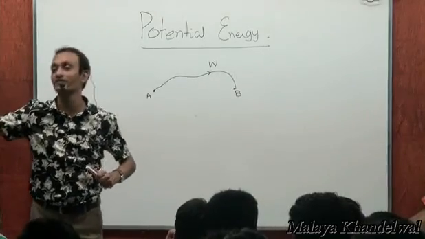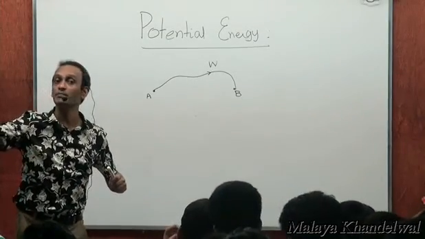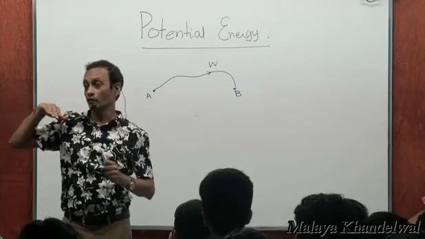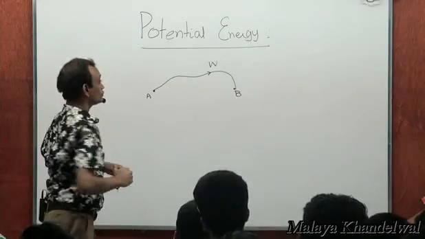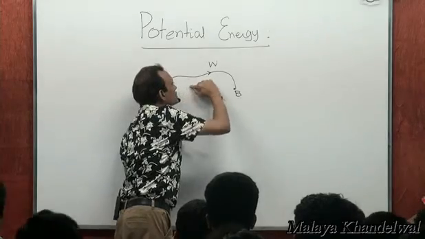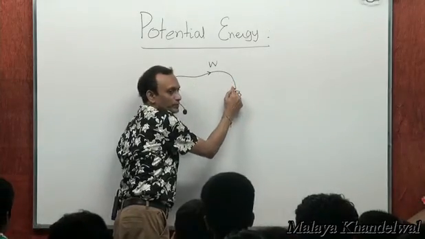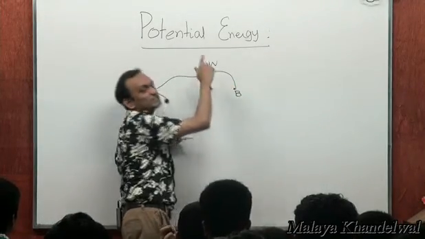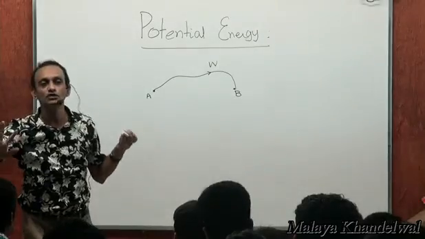No, it's path independent. So irrespective of what the path is, the amount of work done by the forces of the field when transported from A to B will still be W.